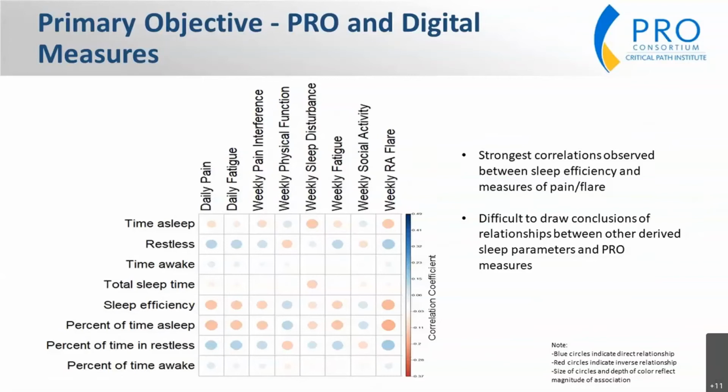So then looking at the sleep parameters, again, we see fairly weak correlations all around, despite some of them reaching statistical significance, with the strongest correlations observed between sleep efficiency and measures of pain and RA flare. And as you can see from the figure, it's difficult to draw conclusions of relationships between other derived sleep parameters and PRO measures with all the lighter shades of blues and reds.